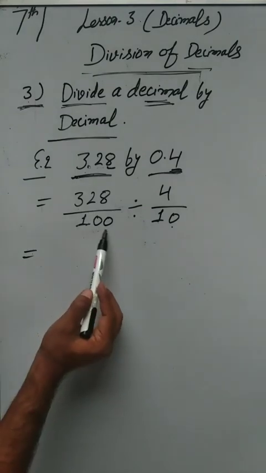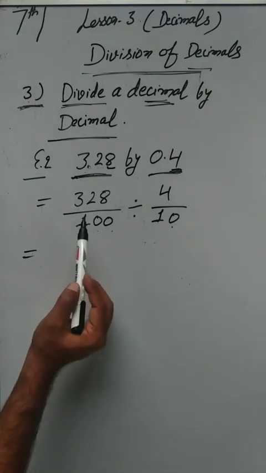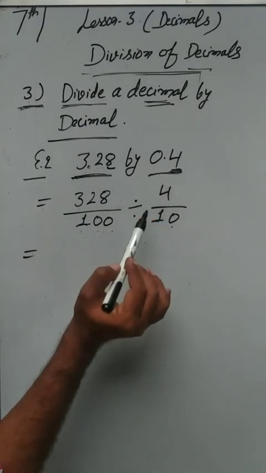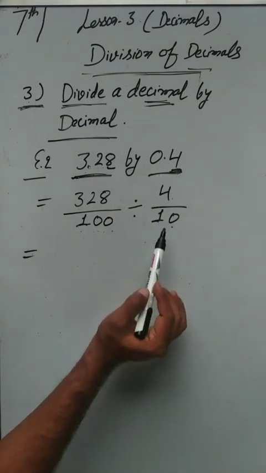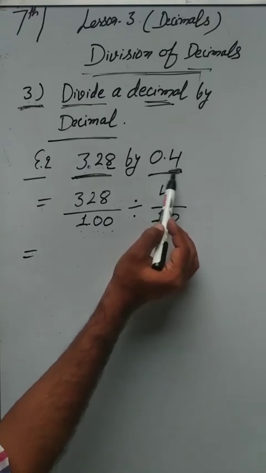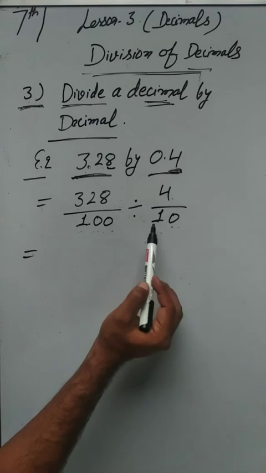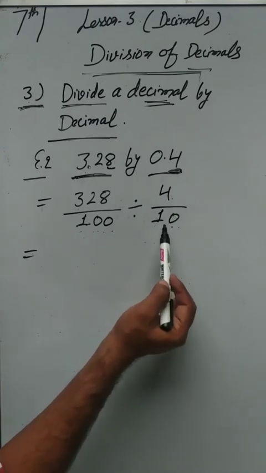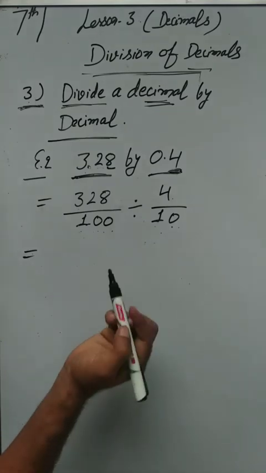So we will put 2 zeros with 1. Means it will become 328 upon 100. And similarly here we have 4 upon, count the number of decimal places. How many decimal places? 1. So put 1 zero with 1, it will become 4 upon 10.